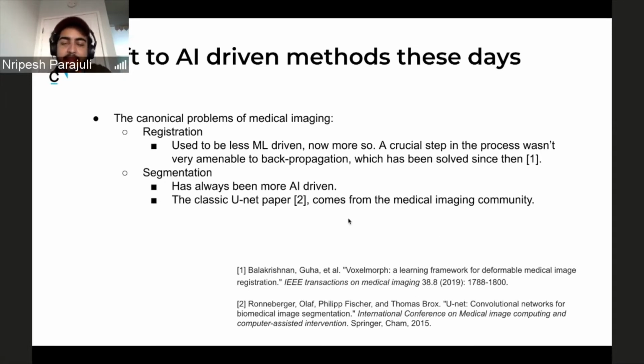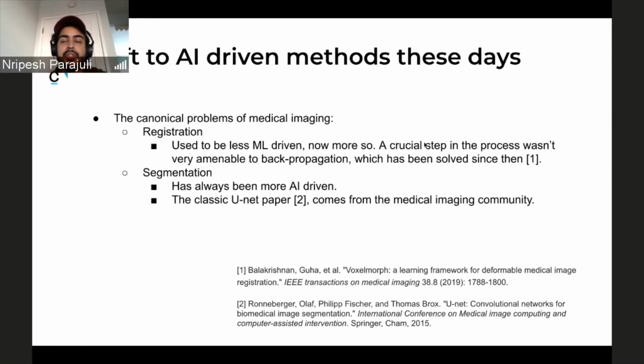Similarly, this is another paper that I really like, and that I've used this method, and again, you are probably more familiar with this framework than I am, but until a few years later, it used to be harder to do registration with a purely statistical method like deep learning.